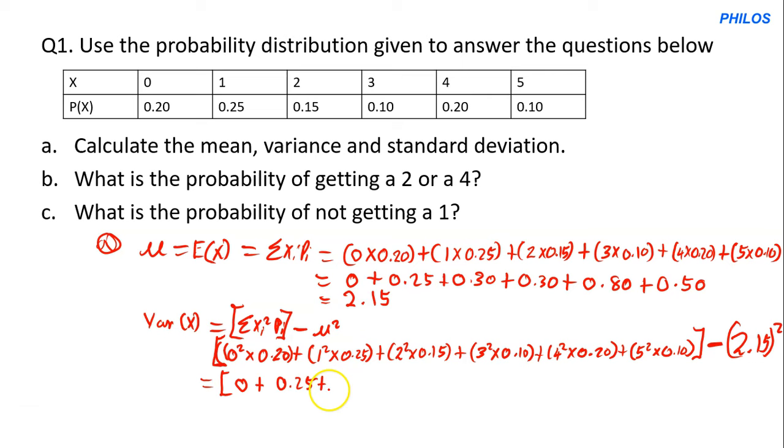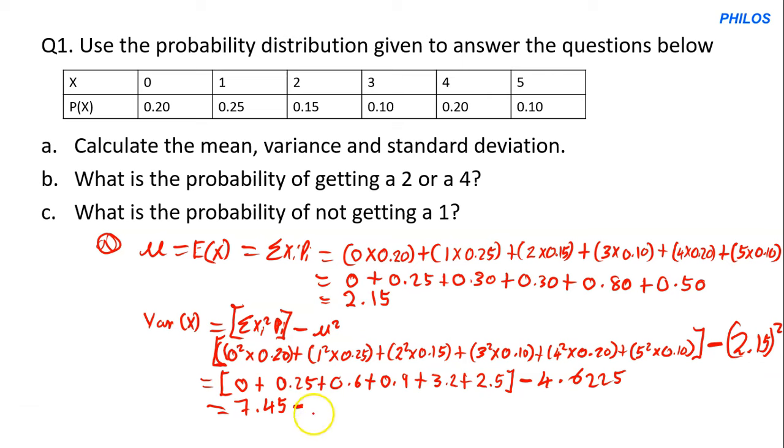So 4 times 0.15 gives us 0.6, plus 3 square is 9 and 9 times 0.1 gives us 0.9, plus 4 square is 16 and 16 times 0.2 gives us 3.2, plus 5 square is 25. 25 times 0.1 gives us 2.5, minus, now 2.15 square will give you 4.6225. So when we add all this together, you will get 7.45.